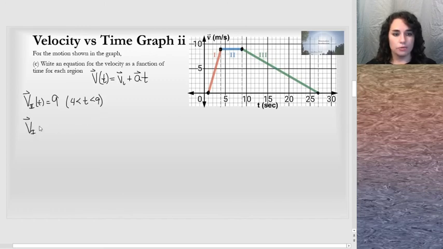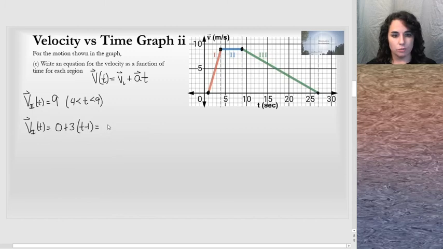The velocity for region 1. The initial velocity for this one is 0. It starts at 0 velocity. The acceleration we decided was 3 meters per second squared. And we need an initial term because it doesn't start at 0. So I'm going to put a plus 3 here, and then I'll say t minus 1. I start 1 second less. So then I can simplify this.